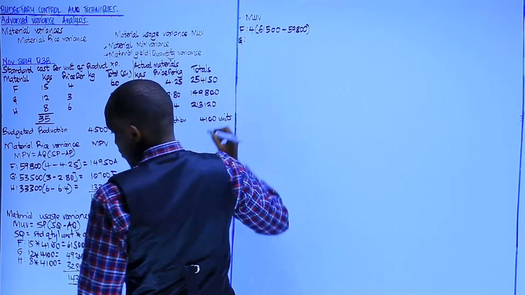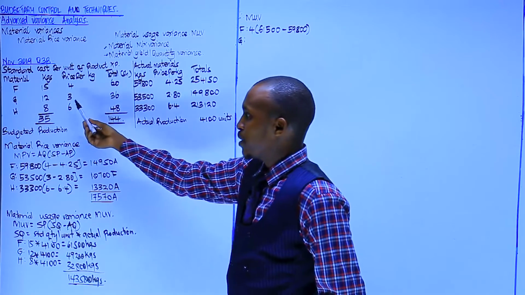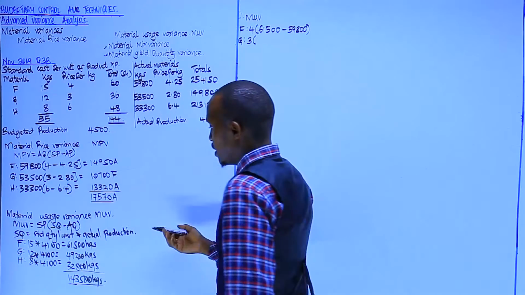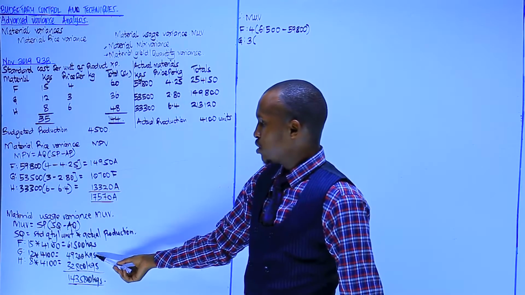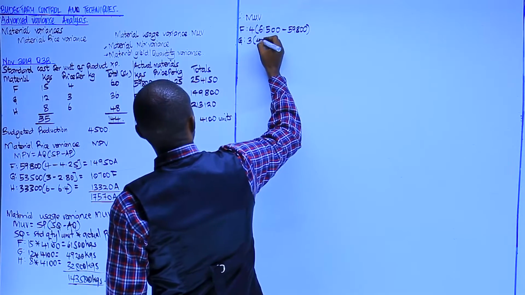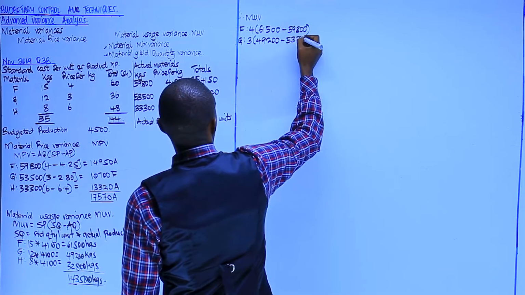G. The standard price per kg is 3. Standard quantity of actual production 49,200 minus your actual quantity 53,500.